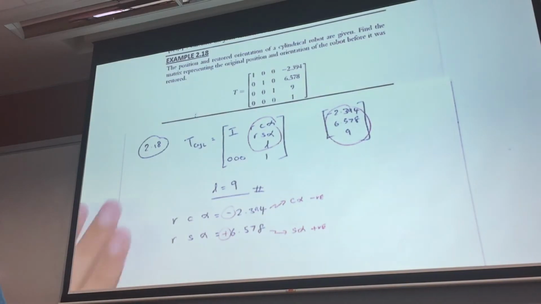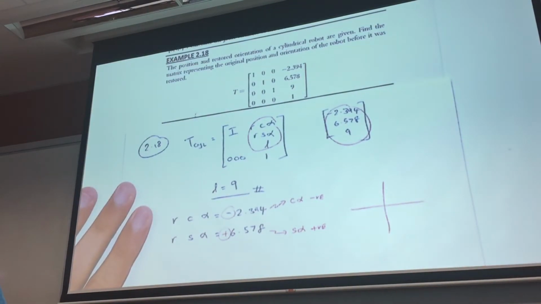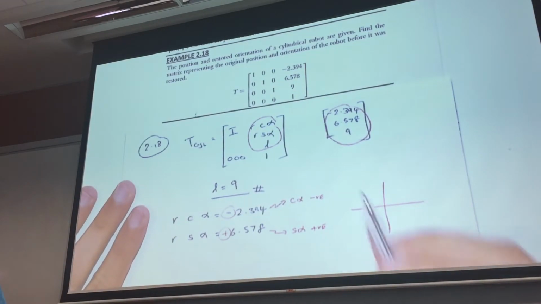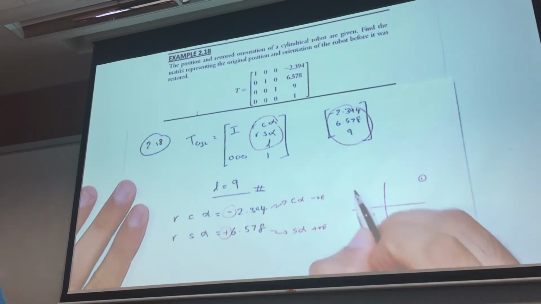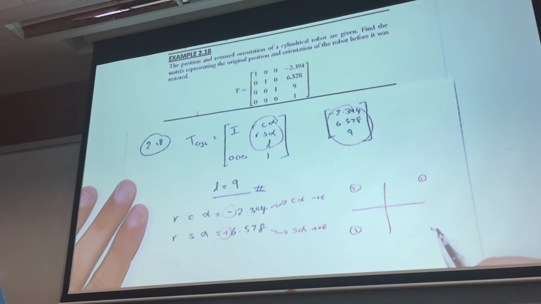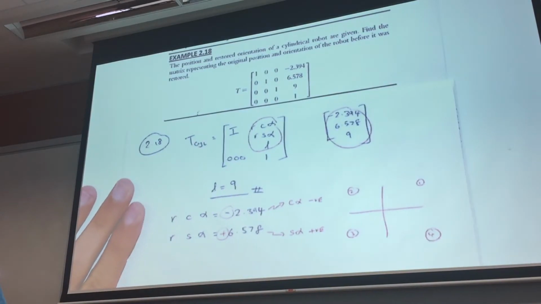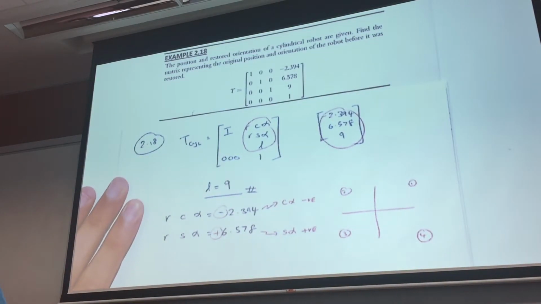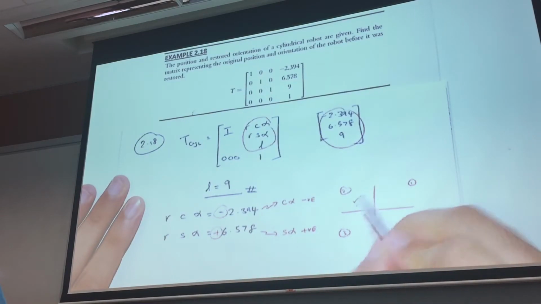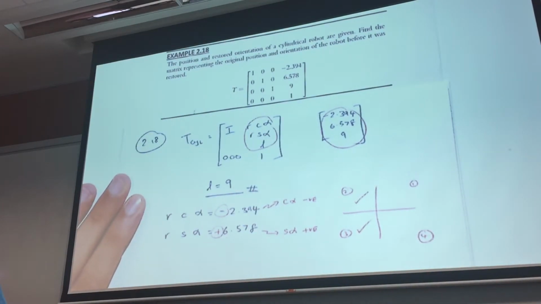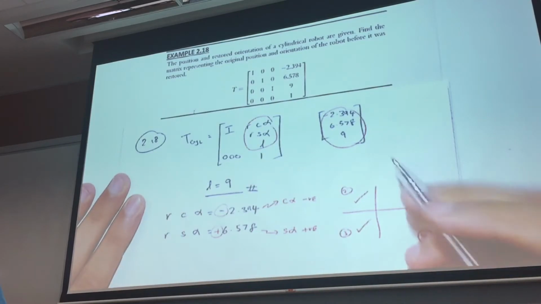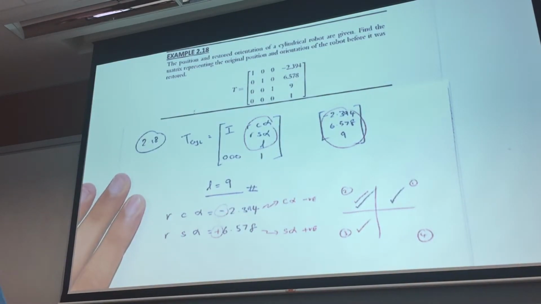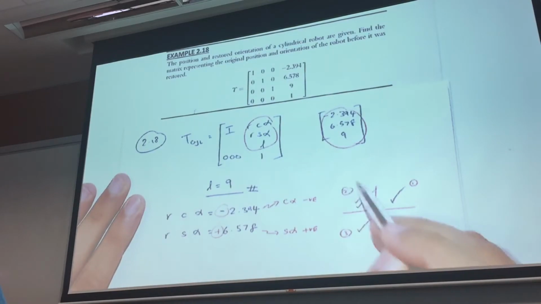Okay, so the important thing now is where should my angle, this alpha lie. If I look at my cosine, okay, if my cosine is negative, which quadrants will my angle lie? 2 and 3. Okay, for positive sine will be 1 and 2. So the commonality will be at quadrant 2.